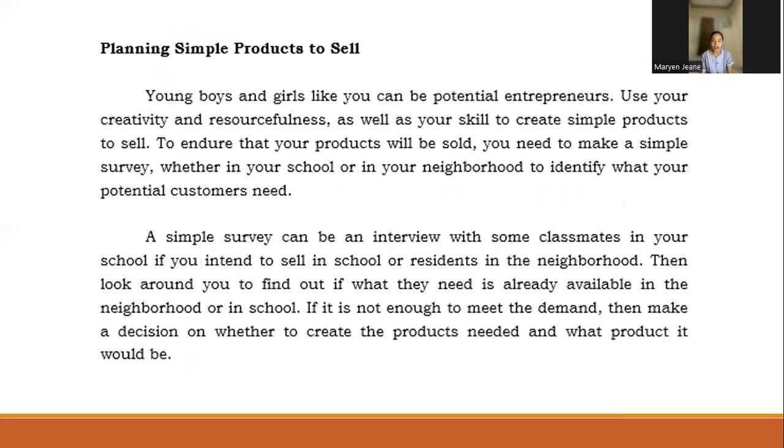Now, in planning simple products to sell, young boys and girls like you can be potential entrepreneurs. I know we all want to earn money, especially now that we are in a pandemic. We want to help our parents, no?